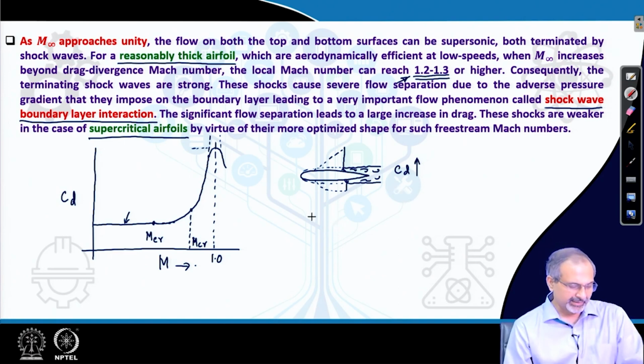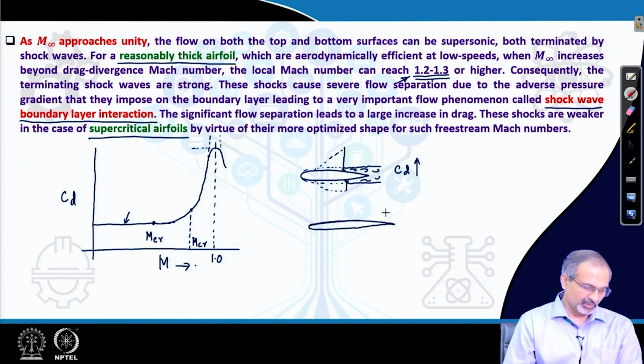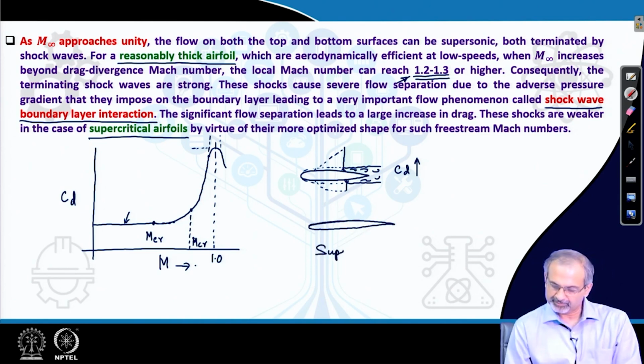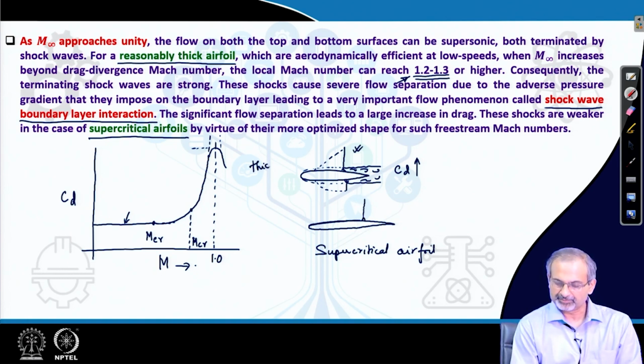If on the other hand you have a more specialized airfoil meant for these Mach numbers, typically flatter supercritical airfoils, then we find that shocks still form, but they are weaker than in the thicker airfoils.